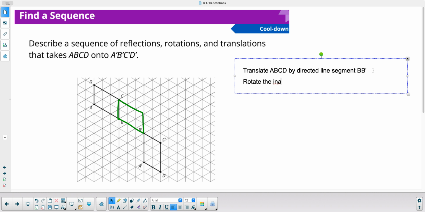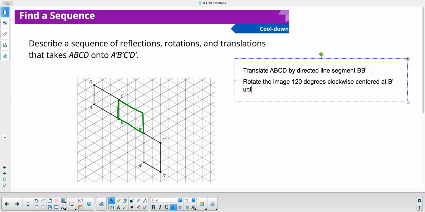Rotate the image 120 degrees clockwise, centered at B prime until side aligns with B prime, C prime. So that'll rotate it like this.